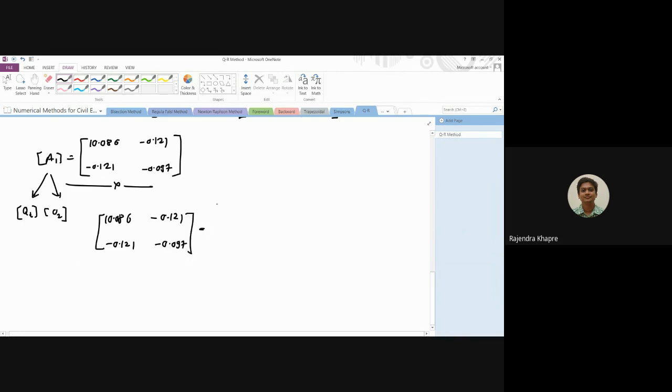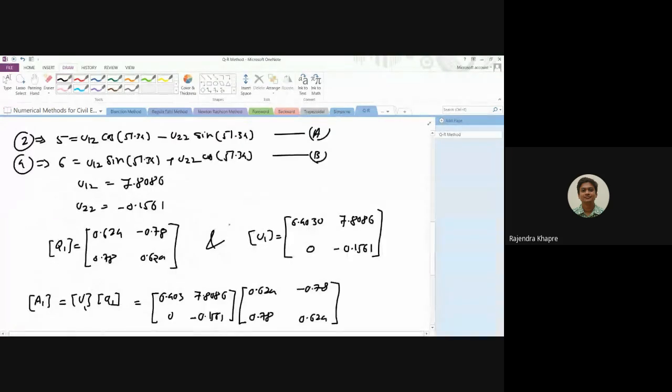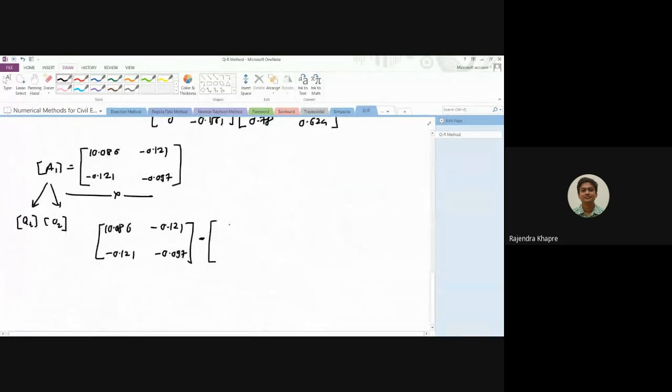This has to be multiplied with what? Q2 with U2. Okay, so here the value of... no, I have probably written it wrong, U with Q, not this one. So this has to be rewritten. This is U2 with Q2.